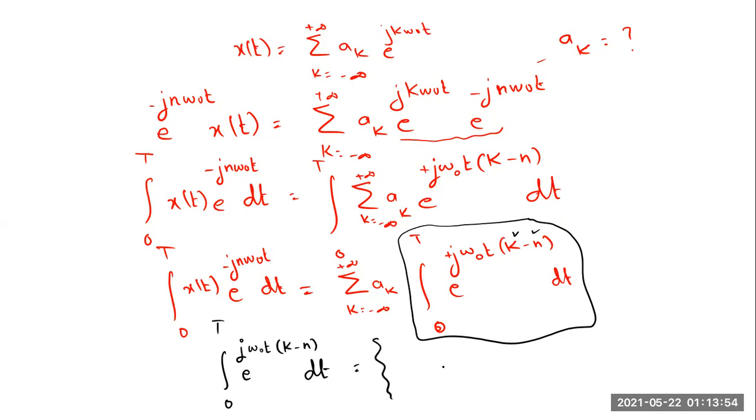If k is equal to n, that is straightforward. If k is equal to n, the exponent will be equal to 0. So e raised to the power plus j0 means 1. If you integrate 1 from 0 to T, you will get T. The other possibility is if k is not equal to n, then this integral will become equal to 0.